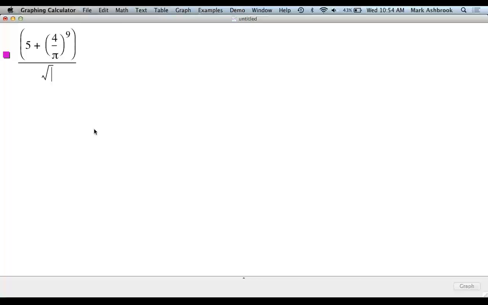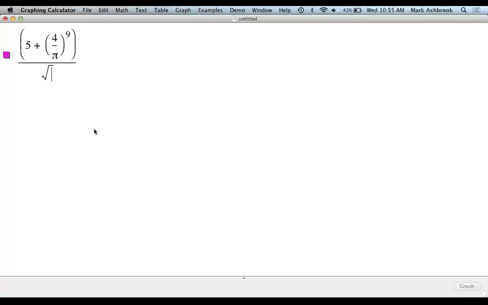Anyone figure out square root on a PC? Someone got it? Control Shift R on a PC to get square root. Control Shift R. Option V for square root.